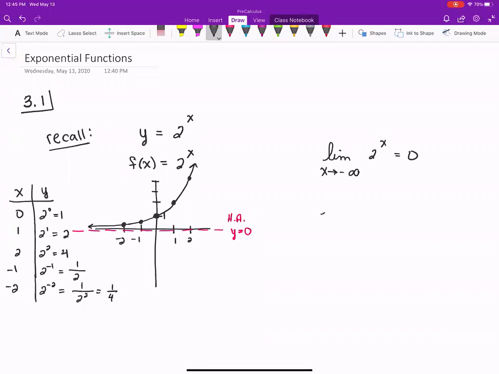And if I did the limit as x goes to positive infinity of 2 to the x power, that would just be 2 to the infinity power, which would just be going to infinity, which you would also then always be able to say does not exist.